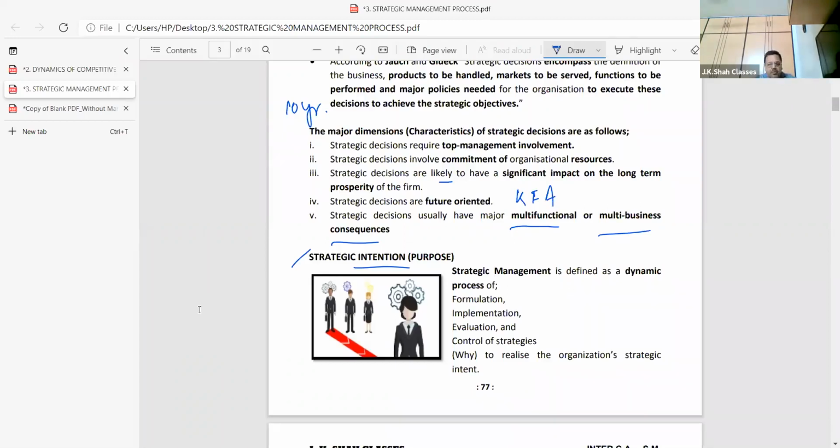Business definition means what? It would say what business we are doing, which kind of customers we are trying to attract, what pattern of production is being used, whether we are trying to make goods for the elite class or for the general class. A business model would be what, students?